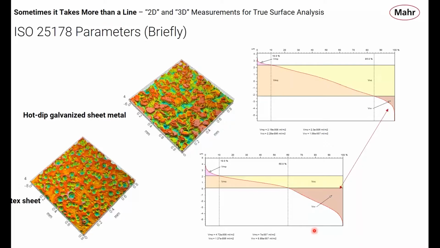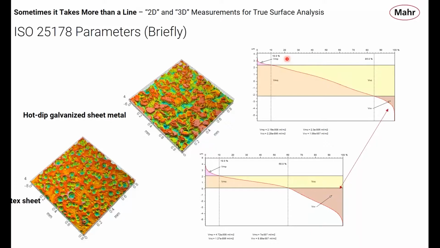If we're taking these data off of an Abbott-Firestone curve that looks exactly the same, but is from a 2D data set, we could calculate this, but we cannot call them volumes because we don't have volume information. We have cross-sectional area information. So it's a subtle but very, very important difference. It looks very similar, but it's not, is I guess the point.